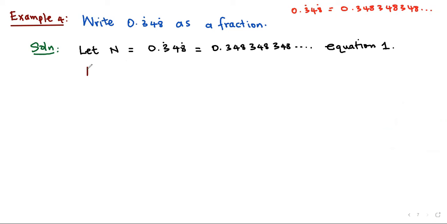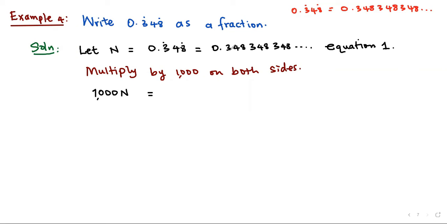So since we have three digits repeating, we multiply by 1000 on both sides. Then we are going to have 1000 times n, we get 1000n.